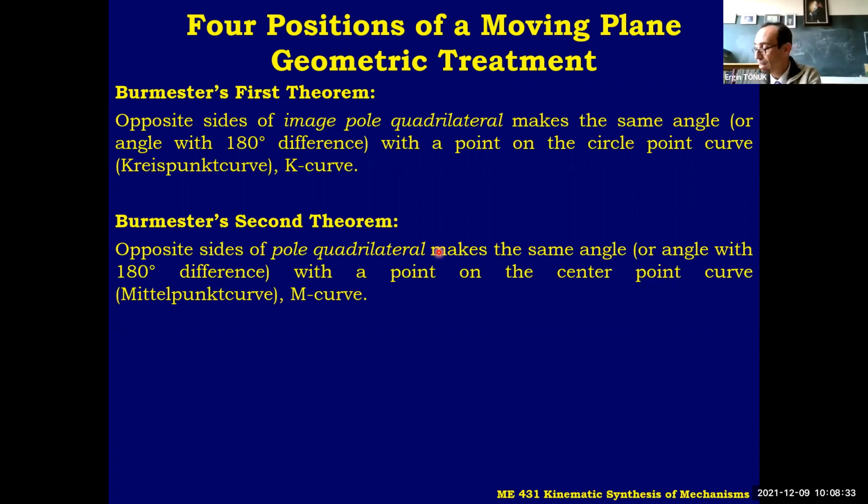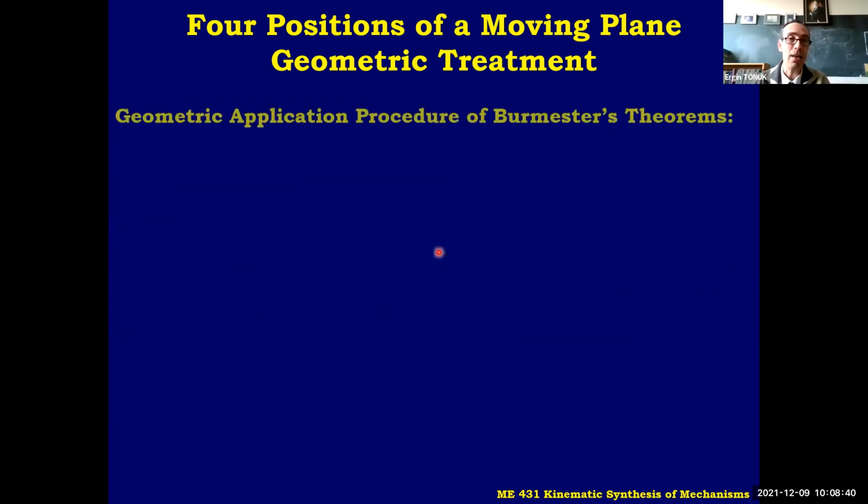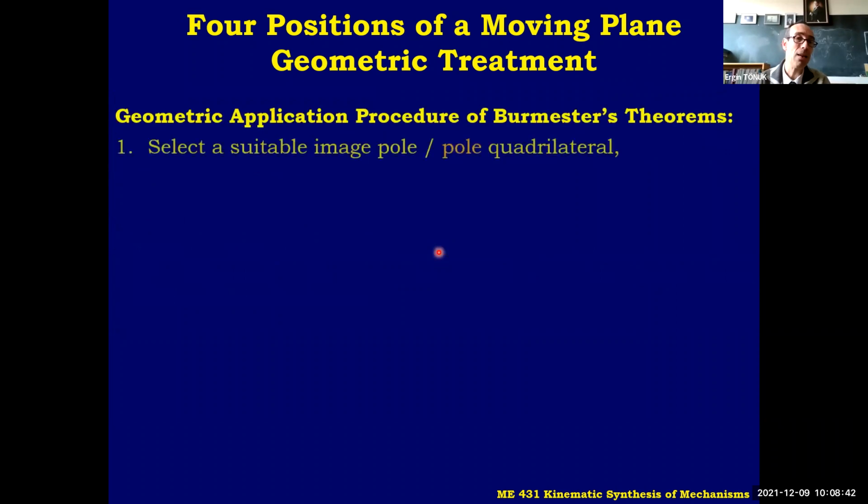And let me also check my notes. Yeah. Okay, so the geometric application of Burmester's first and second theorems. This part is for the first theorem, which is for the circle point, and this pink one is for the second theorem, which is for the center point.